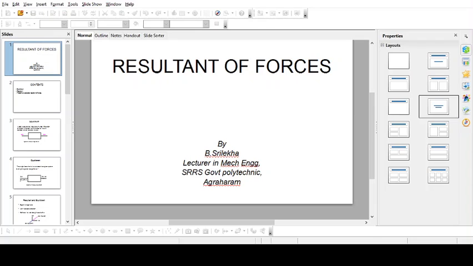According to the polygon law, if a number of forces are represented by the adjacent sides of a polygon, then the resultant is represented by the closing side of the polygon.